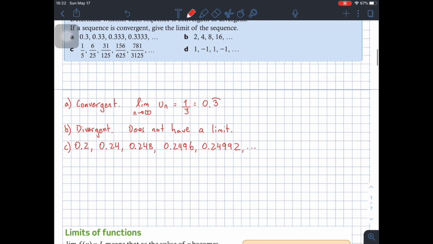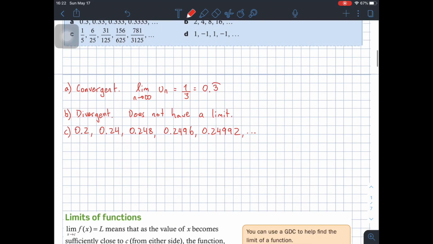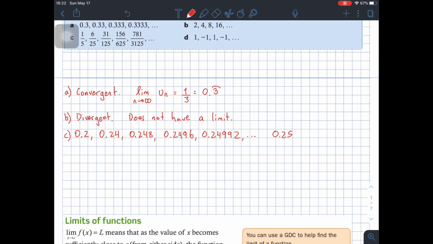So now, by looking at these terms, are we converging to a specific value? If you look closely, you'll see that we are converging to 0.25, right? The values are slowly increasing until they reach, this will keep on being 0.249999 and so on, until we reach the converging value, which is 0.25. Okay, so we're going to say that this sequence is convergent.